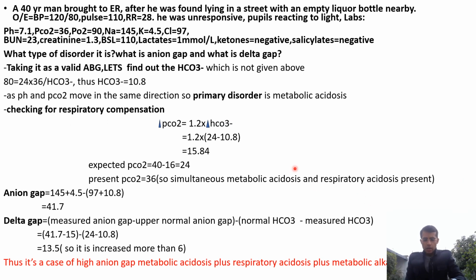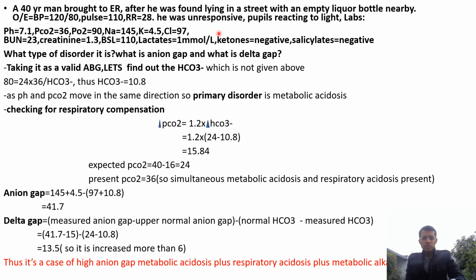So let's do it. A 40-year man brought to emergency room after he was found lying in a street with an empty liquor bottle nearby. On examination, BP is 120 by 80, pulse is 110, respiration rate is 28.